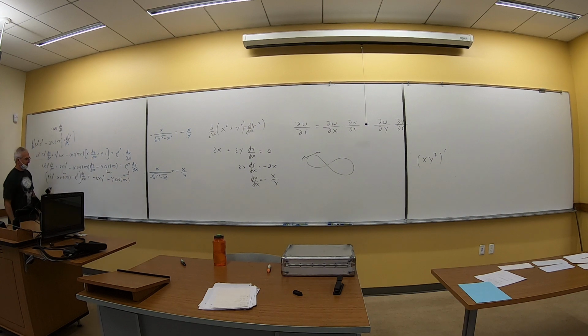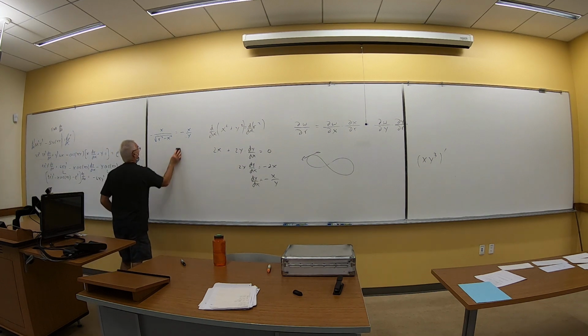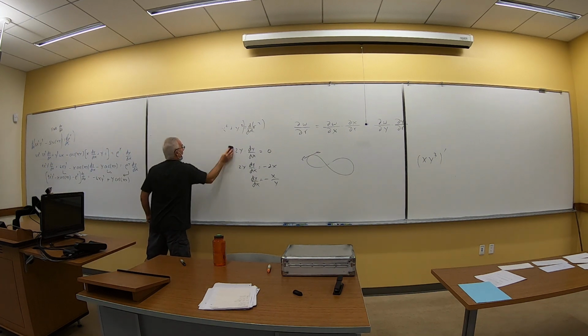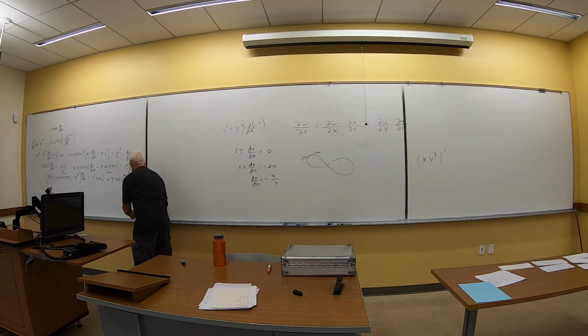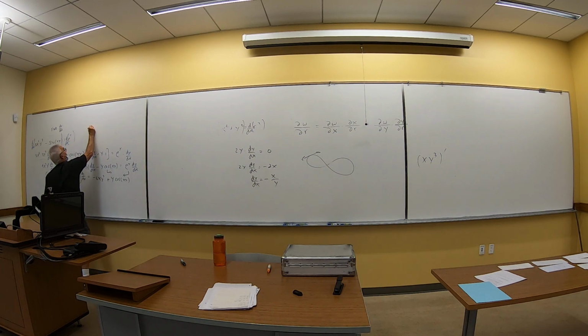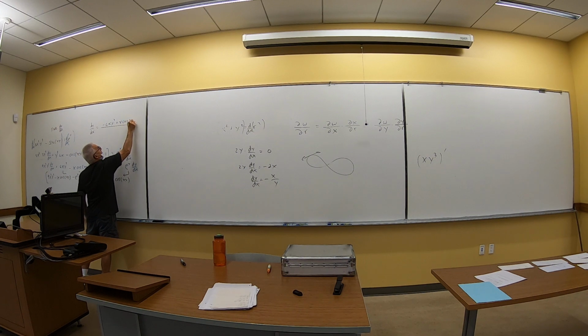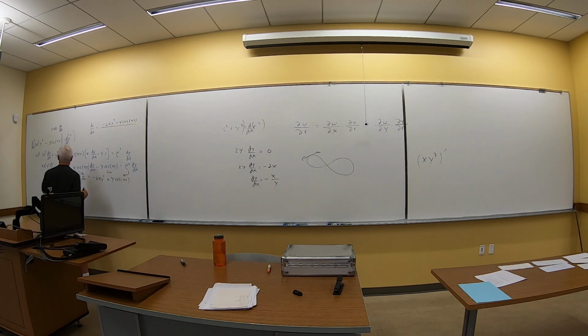Does that look right? Now writing my final answer will be easy, because my final answer is just going to be a quotient now. So the final answer is, I'll put it up here, I need the space. dy/dx is this over this.